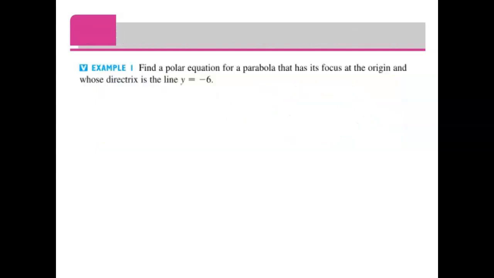And so we already know that E equals 1, because it's a parabola, right?